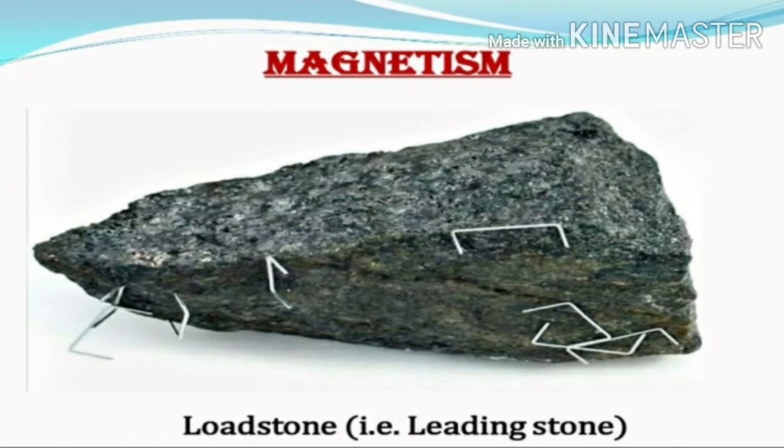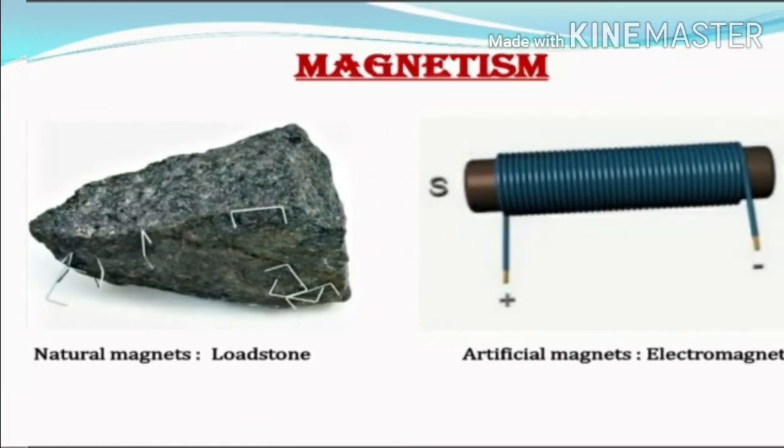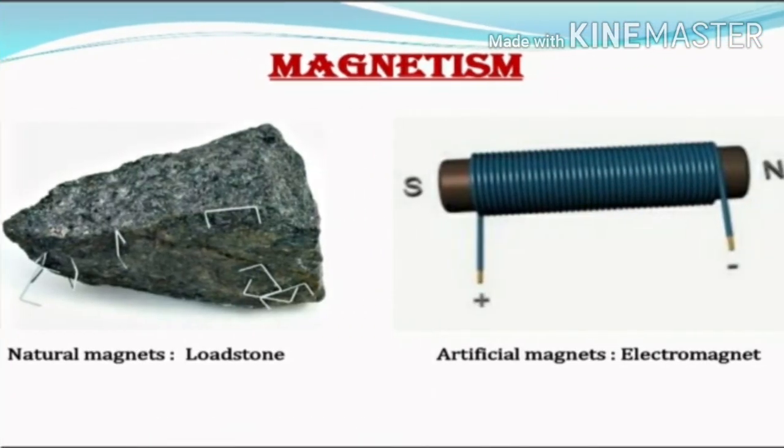The first natural magnet was discovered in Magnesia, a town in Greece. It was called the lodestone, that is, leading stone. Natural magnets are those which are found in nature, for example, lodestone.